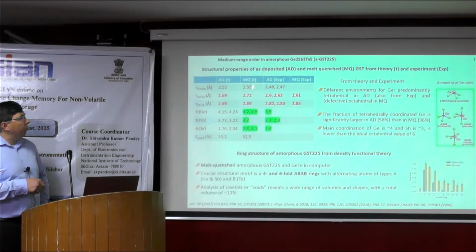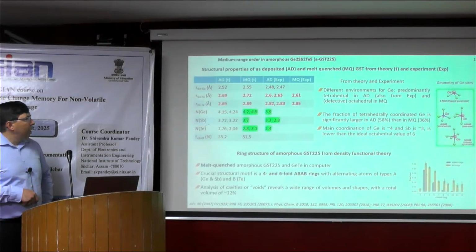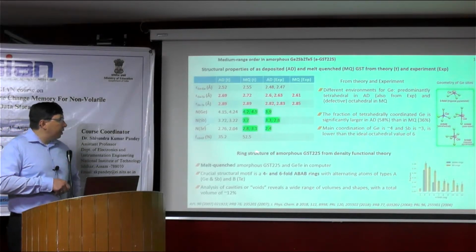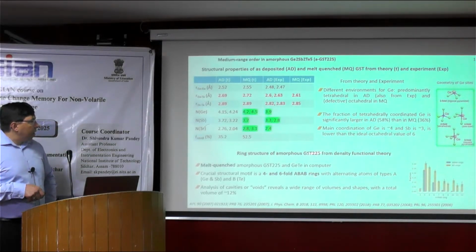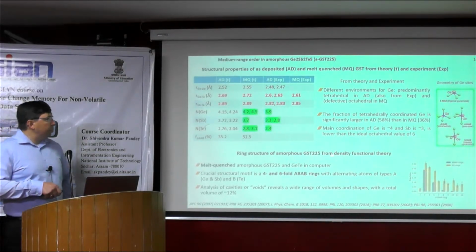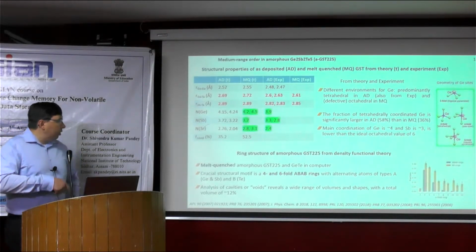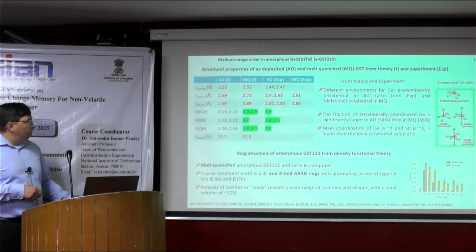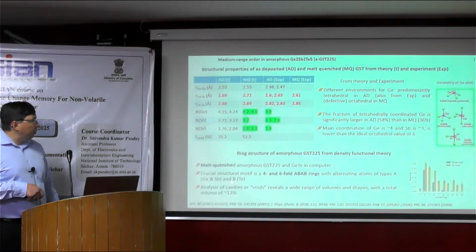So this is from the experiment. And the ring structure of amorphous GST from density functional theory we looked at before, but here is some recap: the crucial structural motif is 4 and 6 ABAB rings with alternating atoms of A and B type.